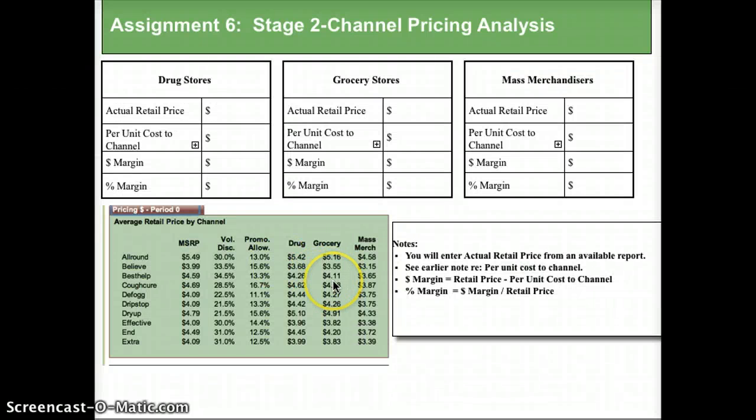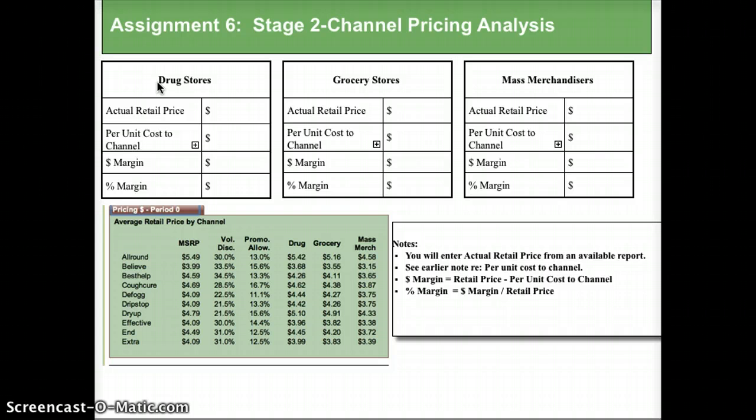Now these next charts are those bottom three tables that fall underneath the calculation you just completed to determine your margin for All-Star as a company as a whole for the all-round product. Now, stage 2, the channel pricing analysis. We have our overall margin.